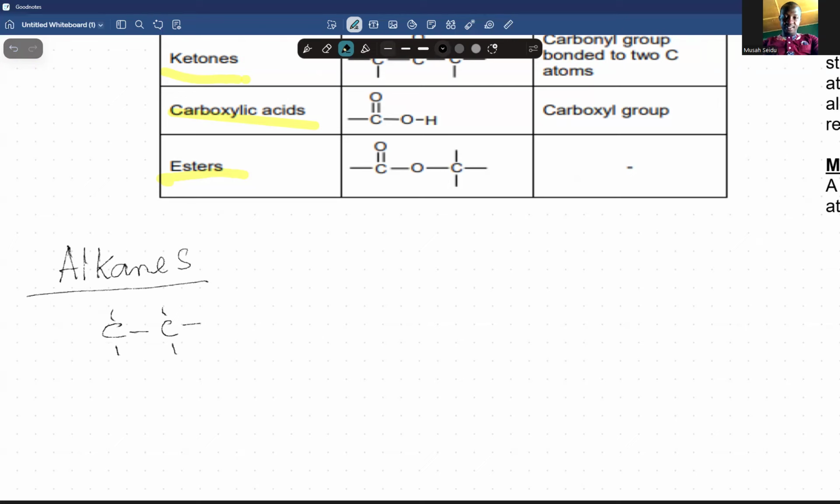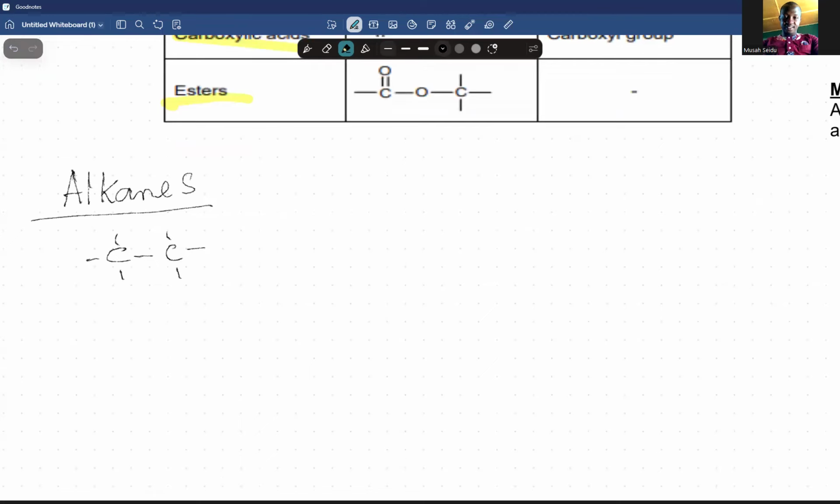Whenever we see carbon, hydrogen, and carbon-carbon single bonds, we should know that that molecule is an alkane. For instance, this is what I have.